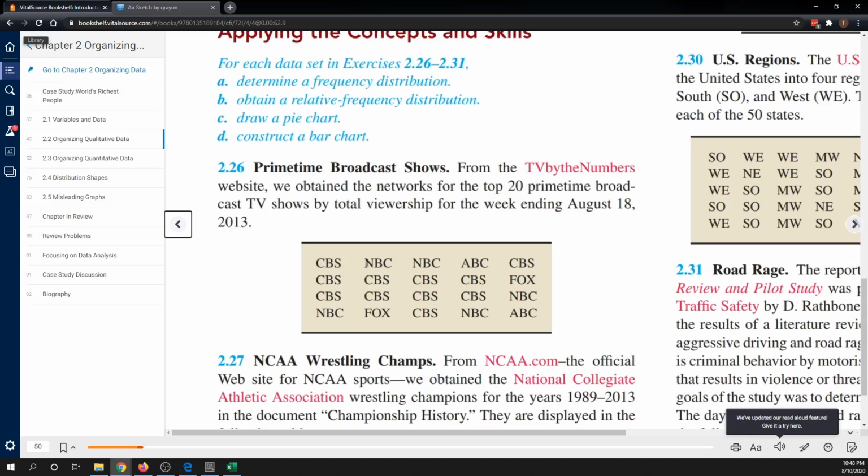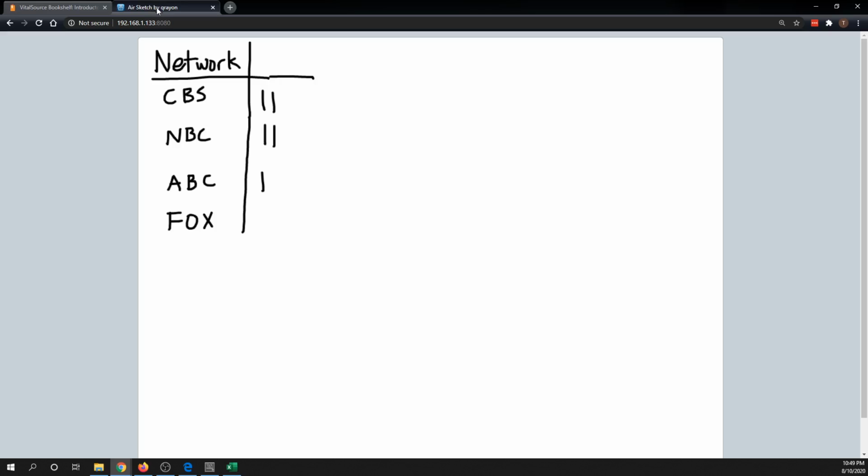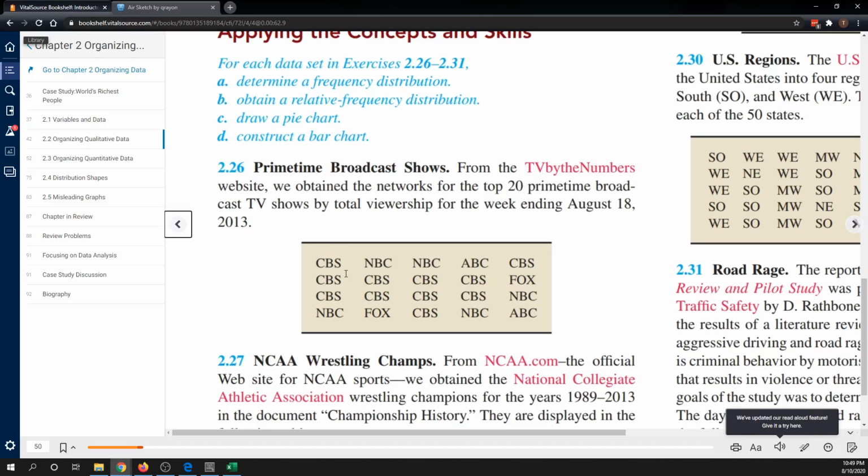I'm just going to go across. So CBS, NBC, NBC, ABC, and CBS. For that first row of data, this is what I've got. I'm just putting these tally marks here. Now I'm going to do the next row: CBS, CBS, CBS, CBS, and Fox.